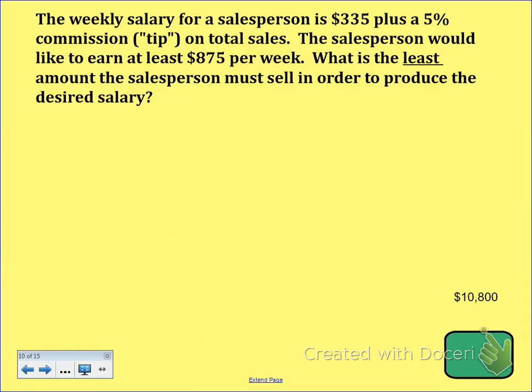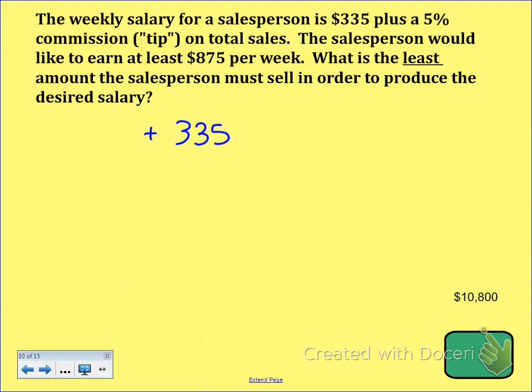Now we need to set up an equation. So no matter what, what is the salesperson making every week? Exactly. They're making $335. That's how much they're making per week. They're guaranteed that salary. Then on top of that, in addition to, we're going to add in a 5% commission.